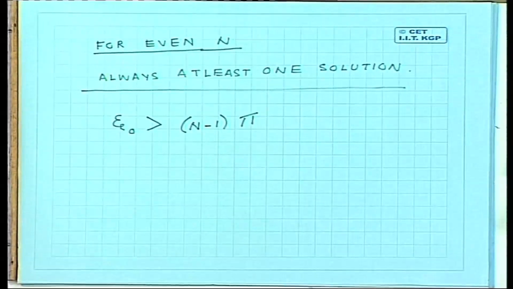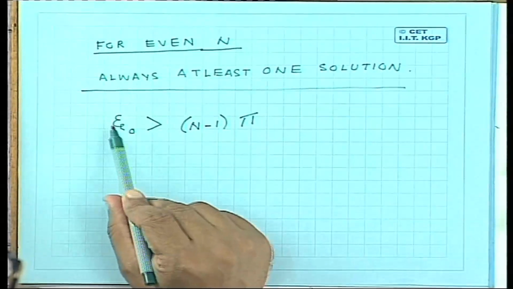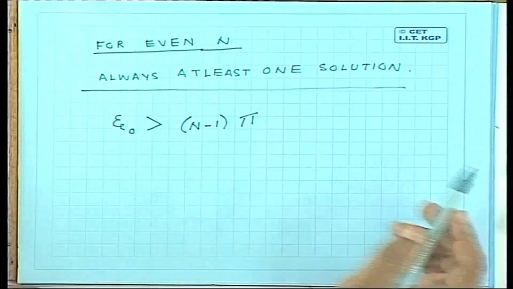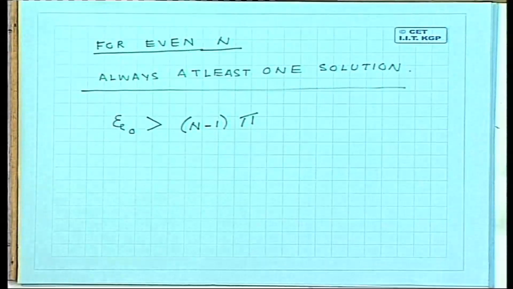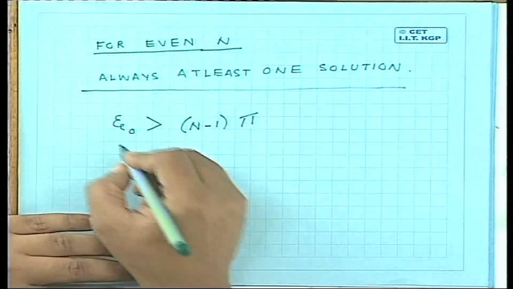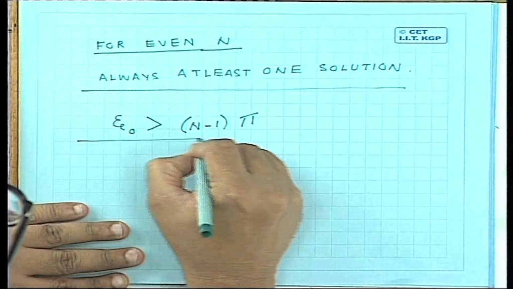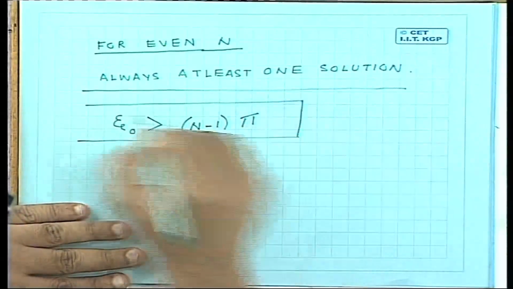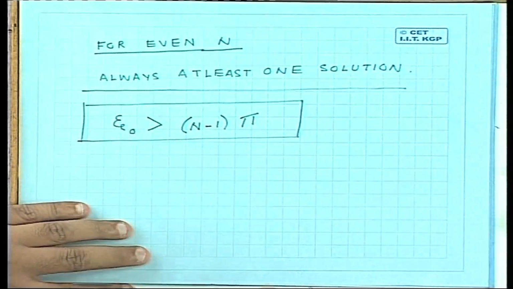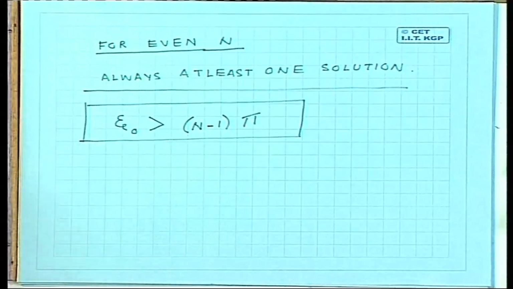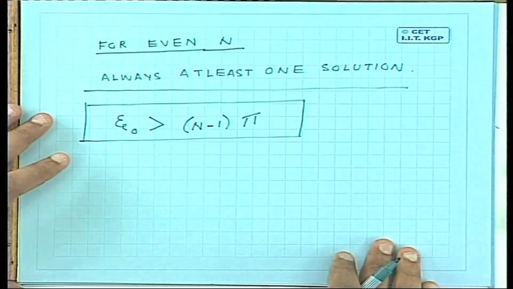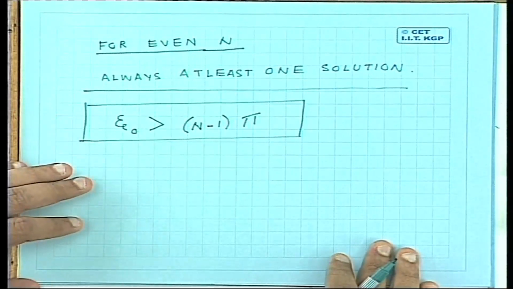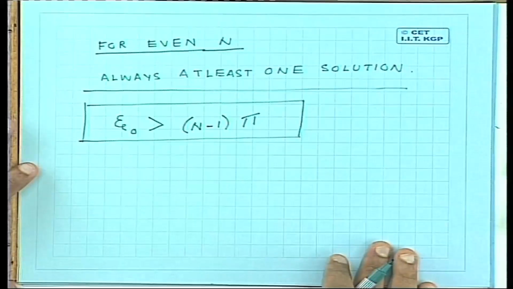If n is 2, then xi naught has to be greater than pi, and so forth. So here also you can work out how many allowed values of energy you will have given the depth and width of the potential well.